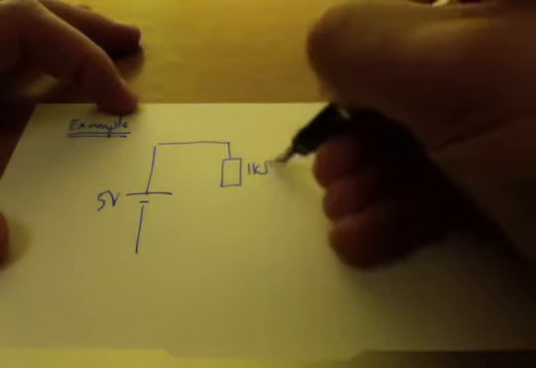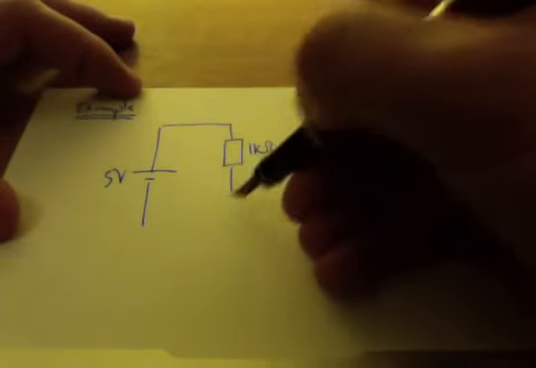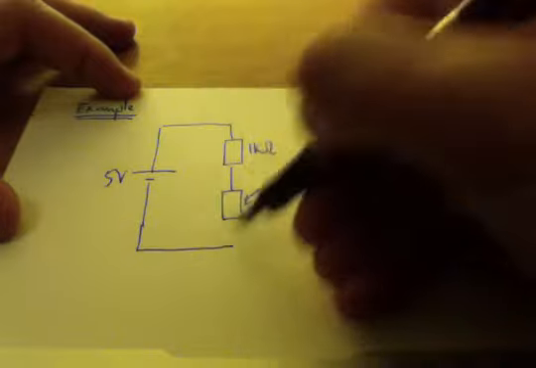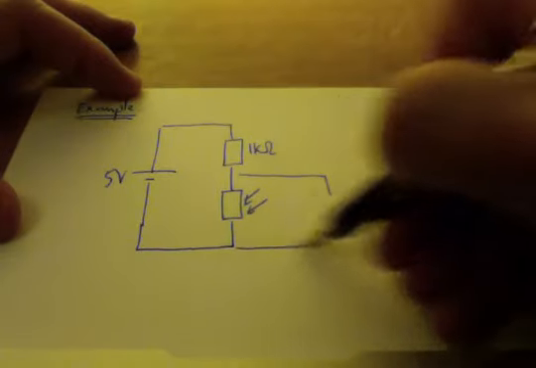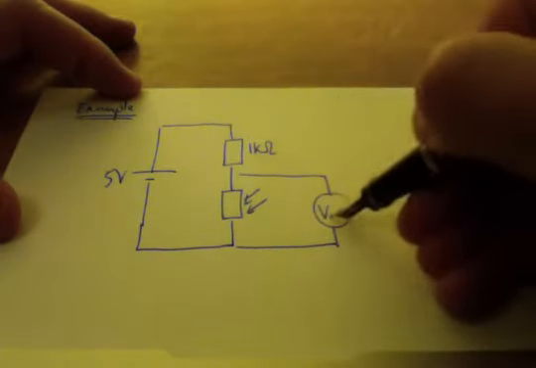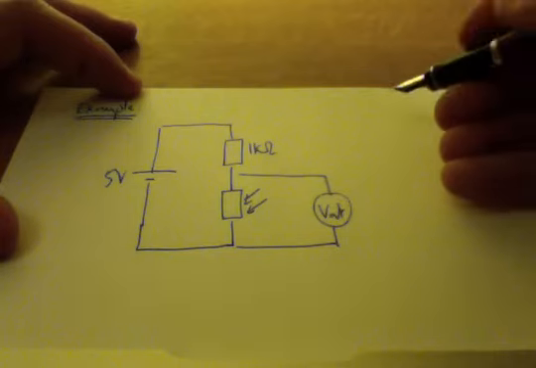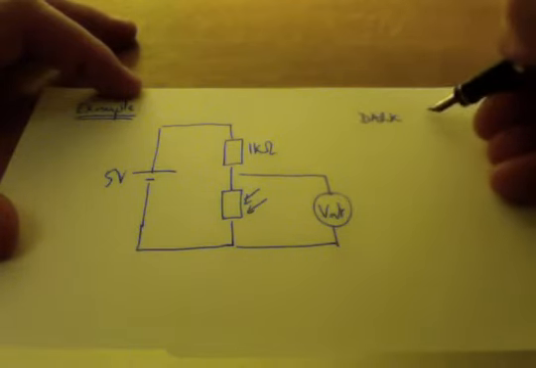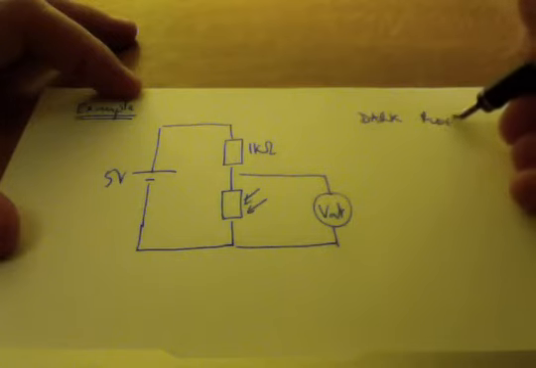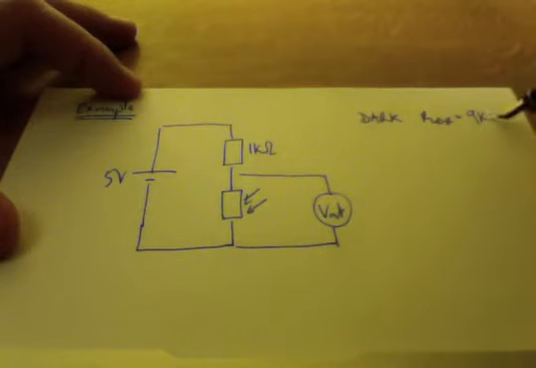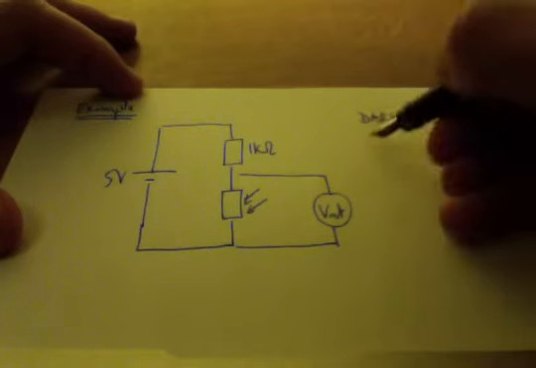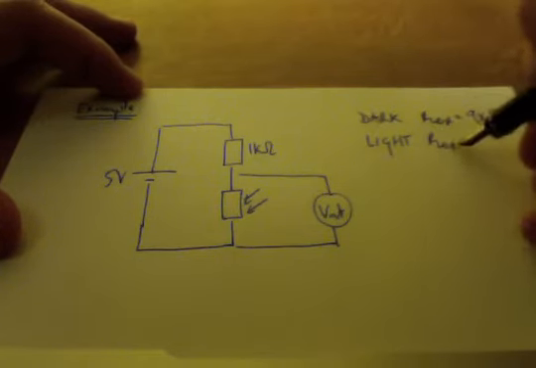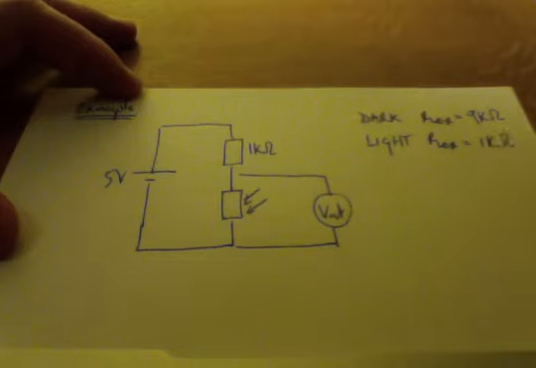Okay, we've got a 1 kilo ohm resistor, and I've got an LDR attached to 5 volts, and I have an output. Now, when it's dark, the LDR is 9 kilo ohms resistance. When it's light, the resistance of the LDR is 1 kilo ohm resistance.